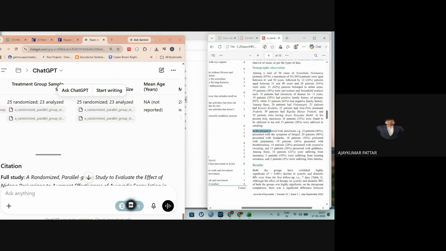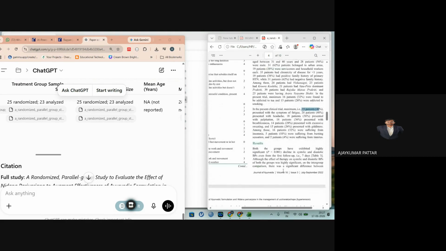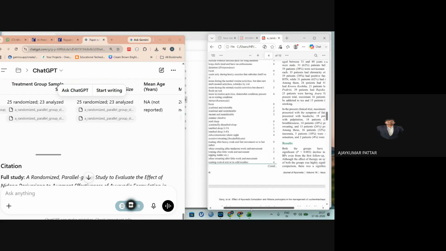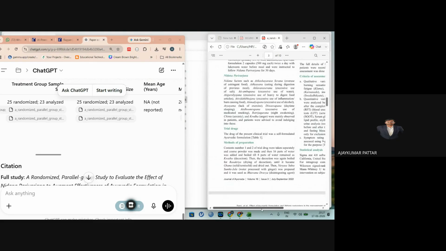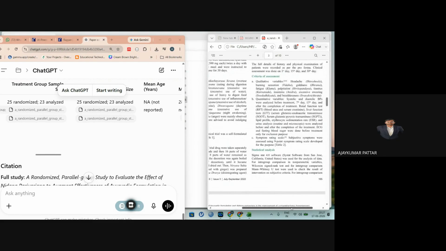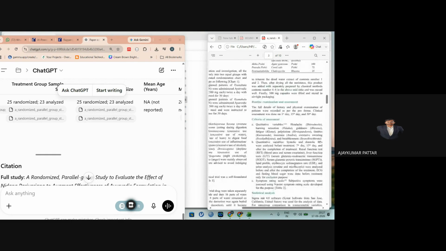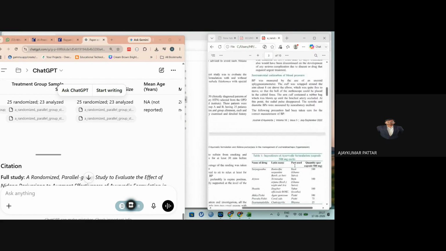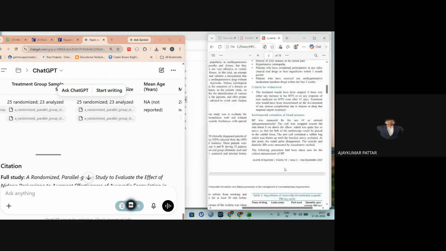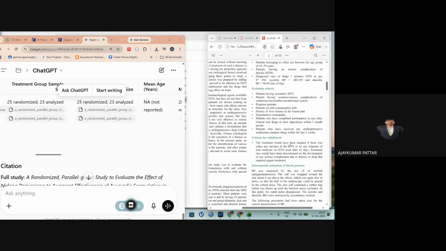They have mentioned 23 patients. So we will look at whether loss to follow-up is there, whether anything else is there. That's why it is taken, but we have to ensure. But as the screen is very small, I am not able to identify that particular thing. But this is the idea of how to cross verify.